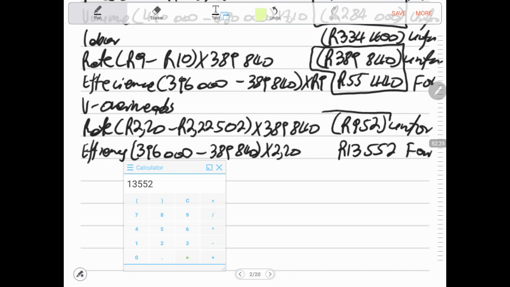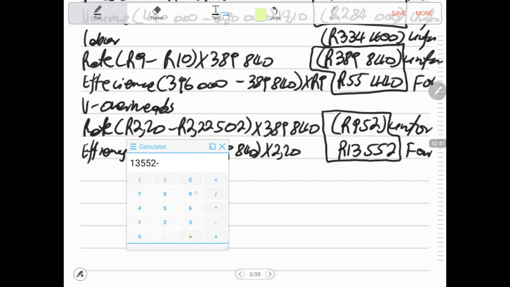So now we calculate the net of the two variances, check which one or what will be the net. Then we say minus 9,752.